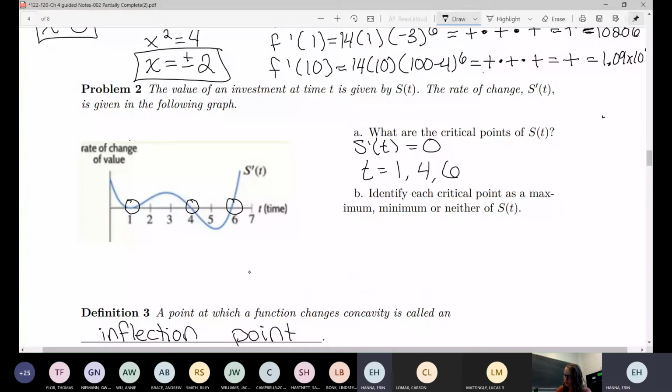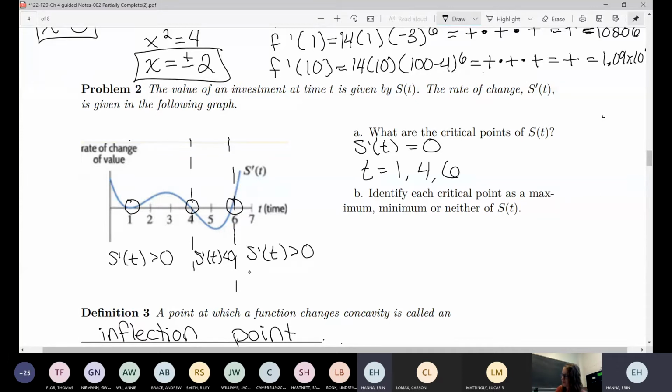If we look at this graph, we can split it up at 4 and 6. This whole first part is above the t-axis, so that would mean the derivative is positive. Then between 4 and 6, the graph's below the t-axis, so the derivative is negative. And then the derivative is above the t-axis again in that last piece.